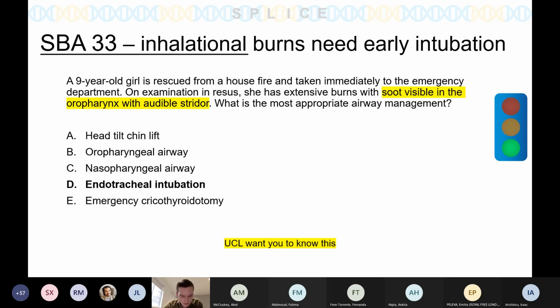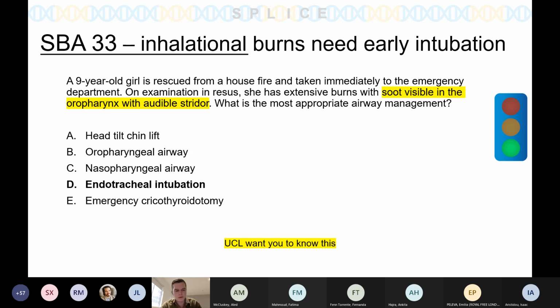Let's blast through this. So most of you have gone for D or E, so you've recognised that it needs emergency management. We've had a question on this. Basically, if someone has inhalational burns, which you could read in the question because this person had soot visible at the back of their mouth, which is what our SBA patient had, there's risk of edema or contracture of the airway.